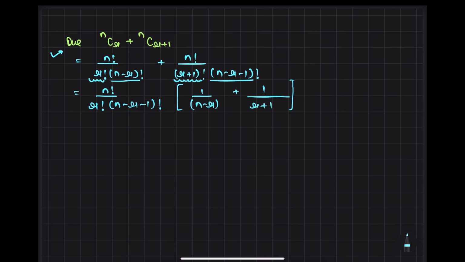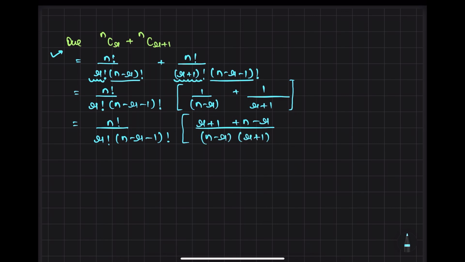Correct? Now let's simplify things. So n factorial by r factorial n minus r minus 1 factorial, and then LCM r plus 1 plus n minus r upon n minus r plus 1.